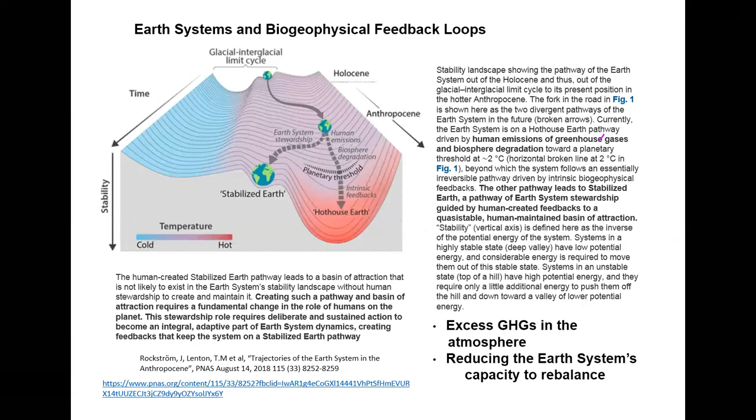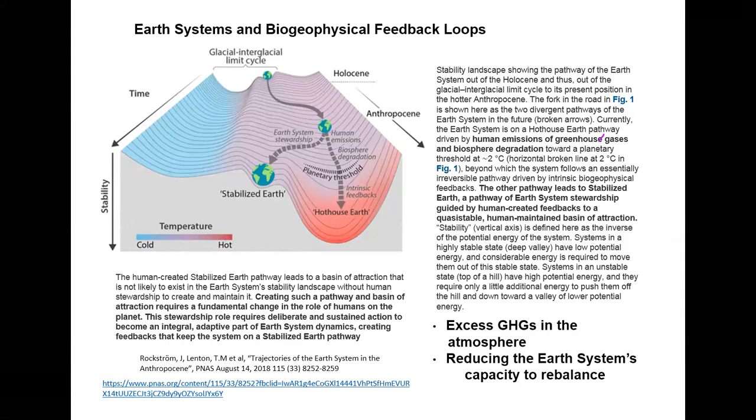Which brings me to the role we play as humans in the biogeophysical feedback loops that are manifesting themselves in the biosphere at present, deeply embedded as we are in that biosphere. The diagram here is becoming quite familiar. It has been used quite a lot over the last few months.